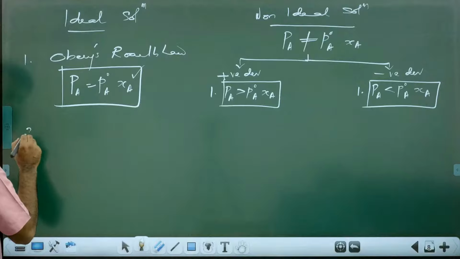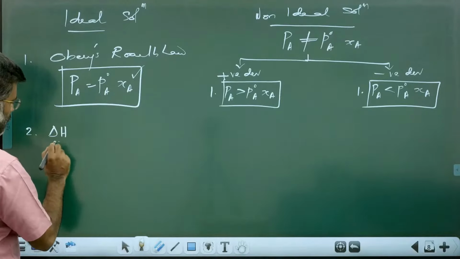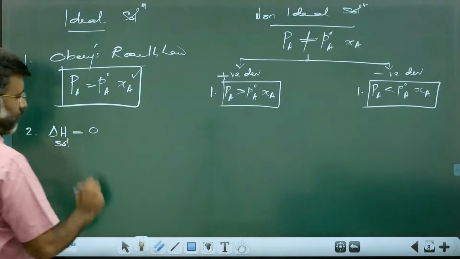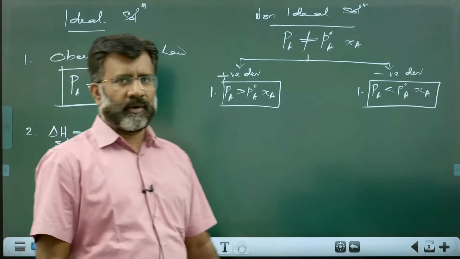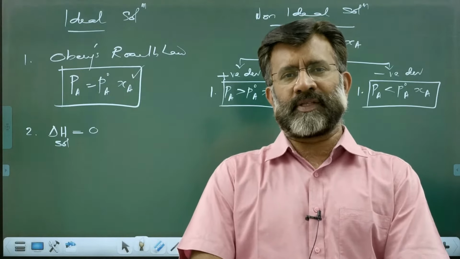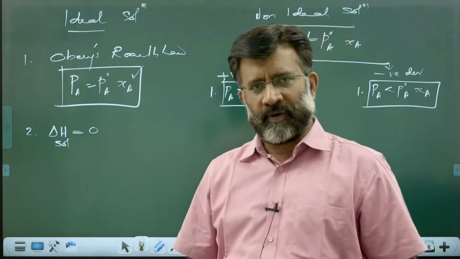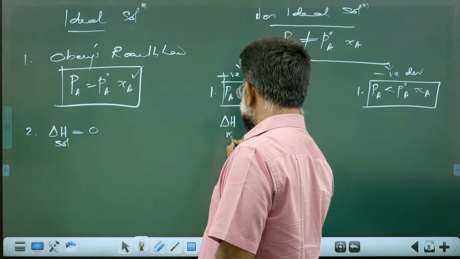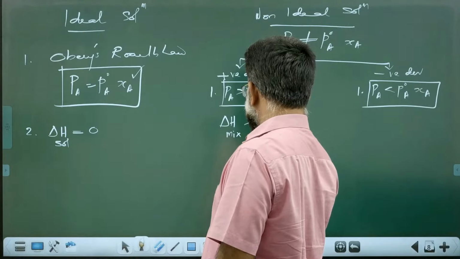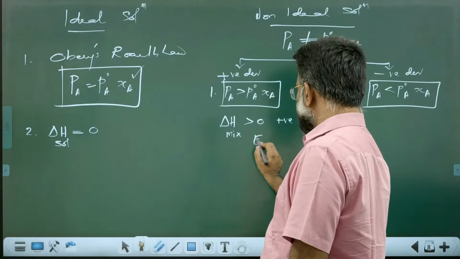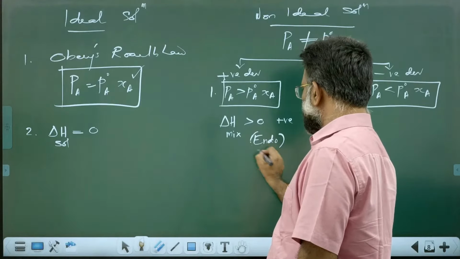Enthalpy of solution, second one. Enthalpy of mixing will be 0. It is neither exothermic nor endothermic. During mixing of A and B, there is no heat change. That is ideal solution. What about non-ideal positive? Delta H mixing will be greater than 0. That means it is positive, that means it is endothermic in nature.